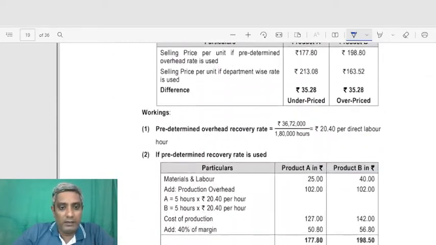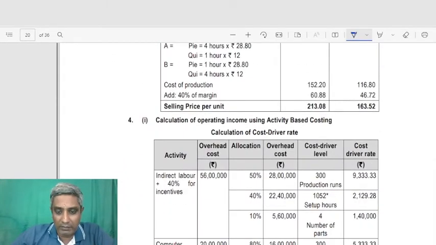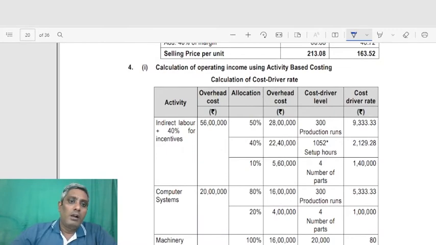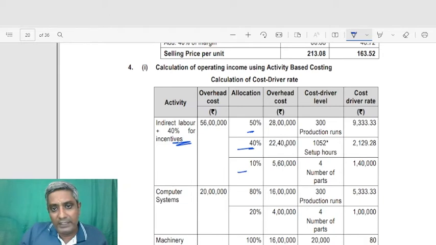Now see here the ABC rates, how they have arrived. Calculation of cost driver. Indirect labor, that is indirect labor plus 40% of the incentive, which is 56 lakhs. The allocation is 50, 40 and 10. How 50, 40 and 10?